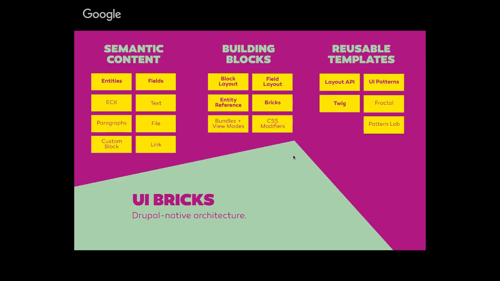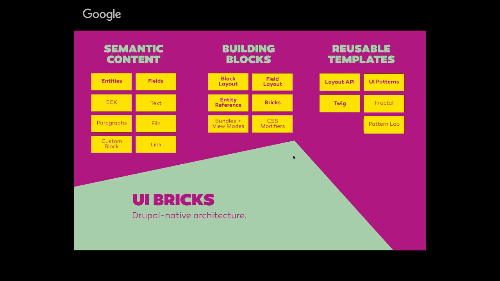You can output fields, you can output blocks, and using Bricks you can output using layouts. And it also gives us the ability to integrate our existing website setup with external component libraries like Fractal and Pattern Lab using the UI Patterns module.